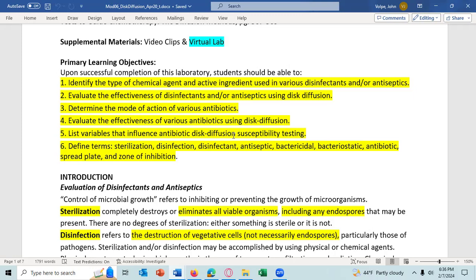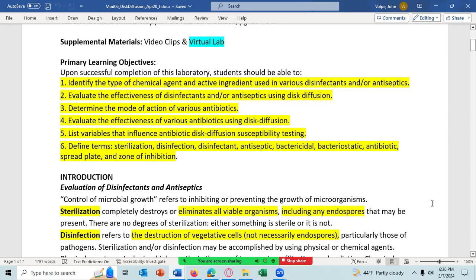The Kirby-Bauer method is almost always used when testing for antibiotic resistance or sensitivity. It may also be used in other tests, like testing a chemical to see if it's antimicrobial, like various disinfectants and antiseptics. It is not as good as the antibiotic testing, but it is good.